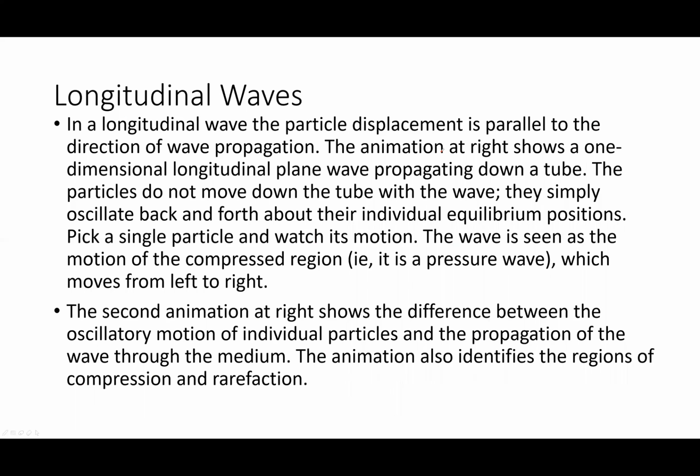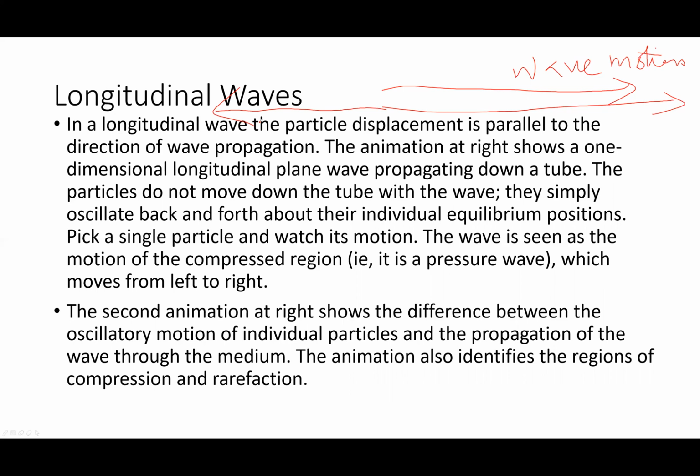Longitudinal waves. In a longitudinal wave, the particle displacement is parallel to the direction of wave motion, to the direction of wave propagation. If the wave is traveling in this direction, the particle will vibrate either in this direction or the opposite, parallel or anti-parallel.